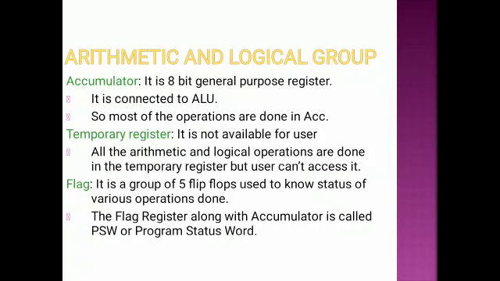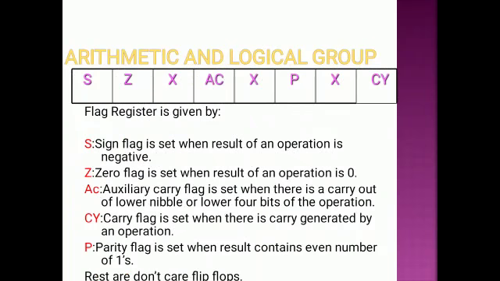When we combine the flag register along with the accumulator, this is the program status word, and it becomes 16-bit. Next is the status flags representation. We have the sign flag, zero flag, auxiliary carry flag, parity flag, and the carry flag.